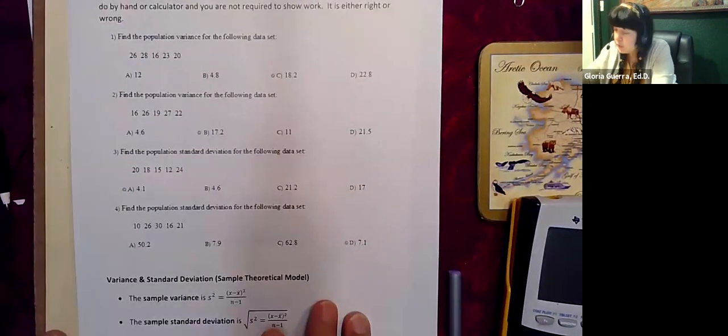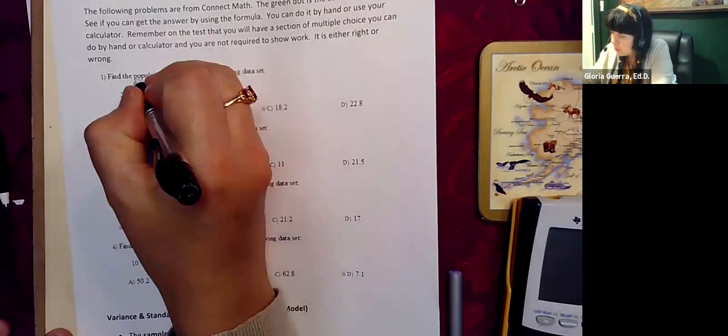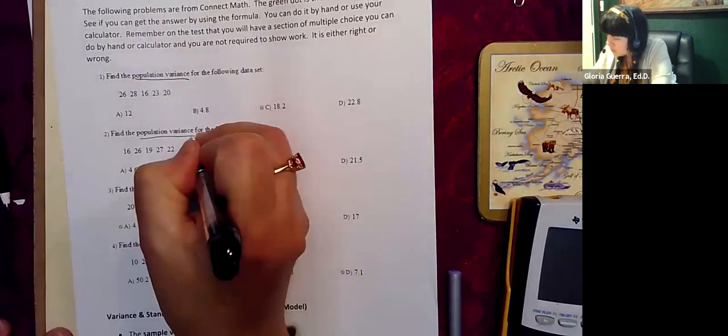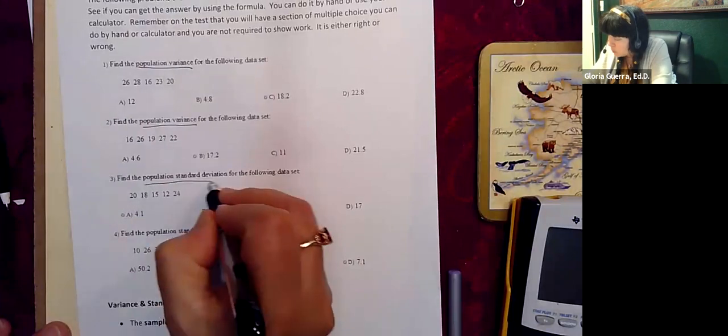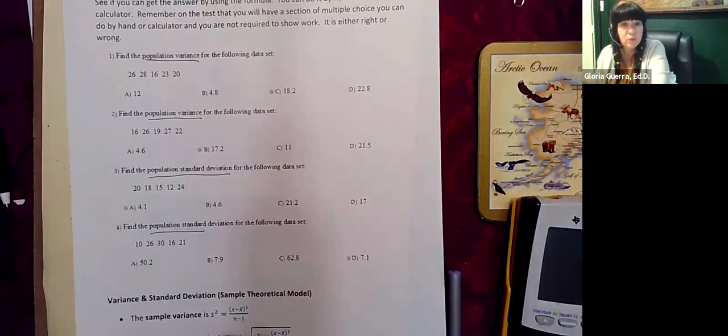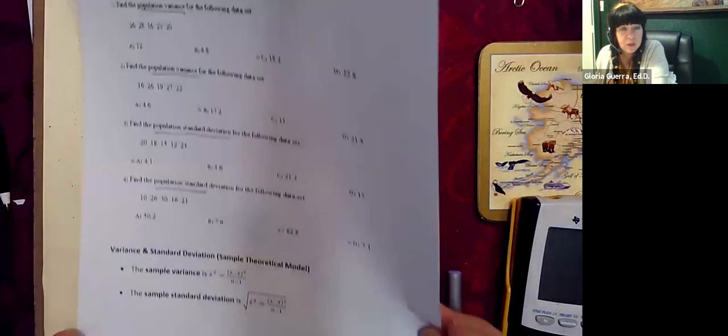And then same thing for 70. The reason why I didn't work any of these out is because they're talking about population variance, and we're also actually going to do calculations from samples. So that's why I didn't worry about those.